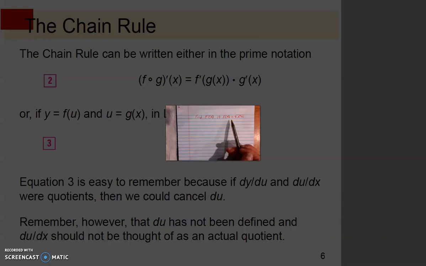So for example, say f of u is going to equal the square root of u, and g of x is going to equal x squared plus 1. What we need to do is compute the derivative using the chain rule.